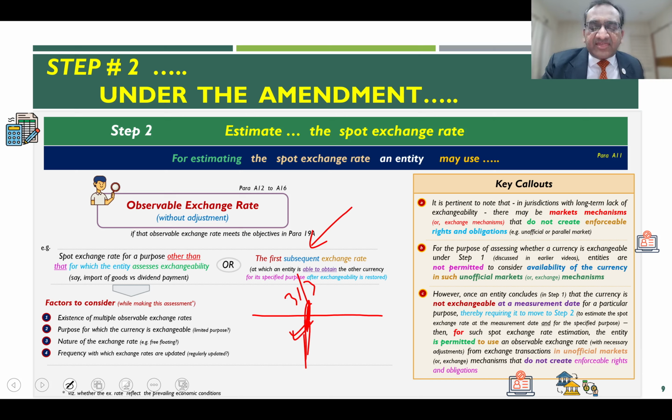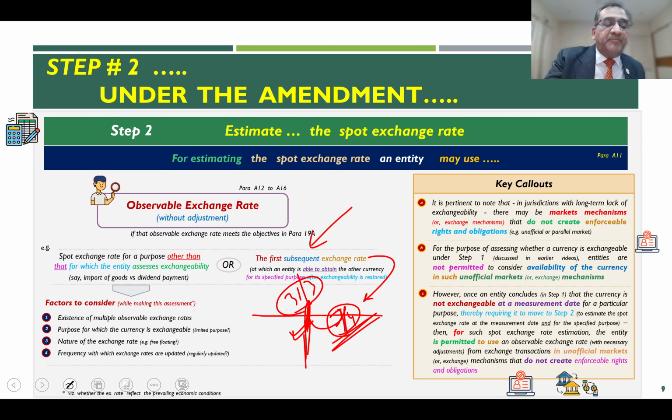However, let us say in a week's time, on 7th of April, exchangeability is restored by the regulatory authorities. So the first subsequent exchange rate, which is the exchange rate on 7th of April, potentially you can use as the exchange rate applicable for 31st of March.